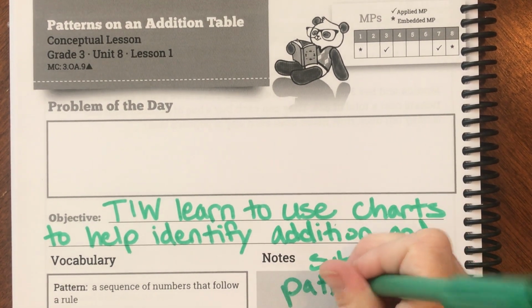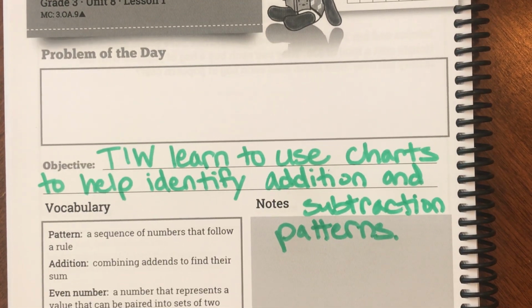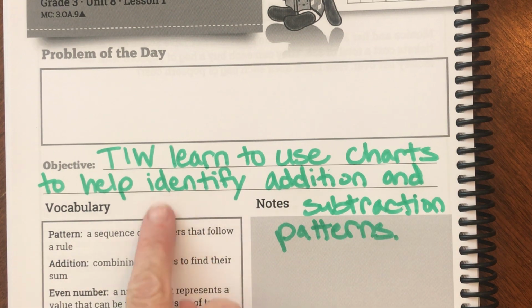And that's kind of a longer objective, so remember you can always pause the video if you need to. So today I will learn to use charts to help identify or find addition and subtraction patterns.